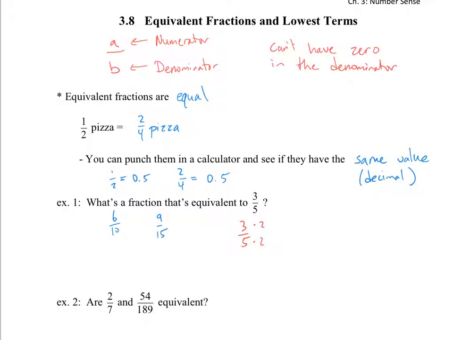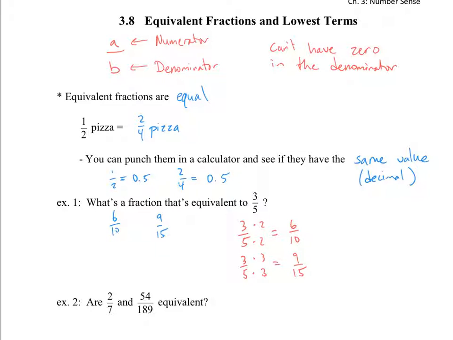If you times both the top and bottom by 2, you get 6 and 10. For the next one, 3/5, we multiply the top and bottom by 3, we get 9/15. So we can multiply it by any number, as long as you multiply the top and bottom by the same.